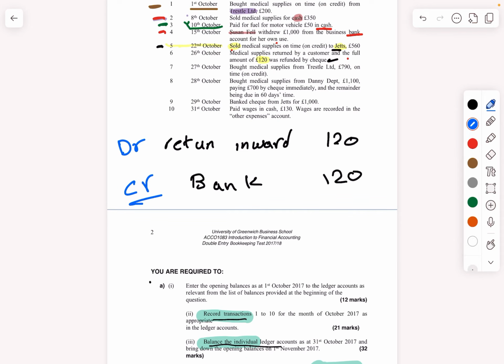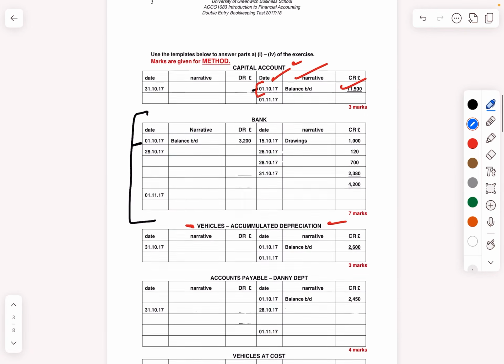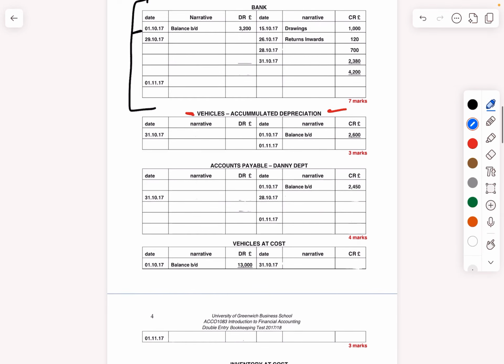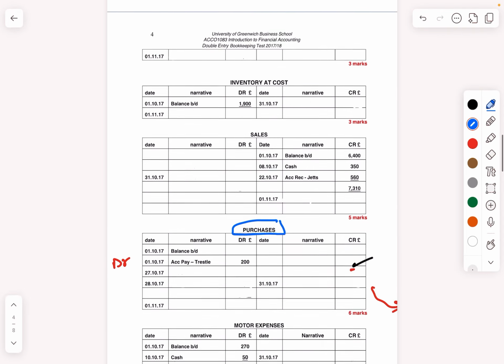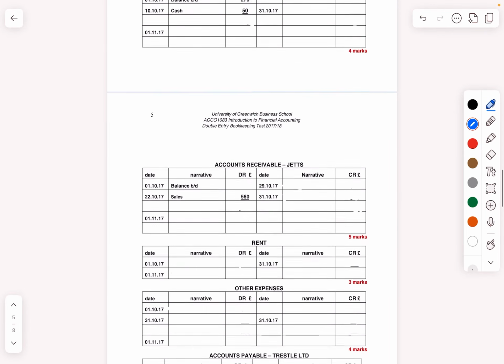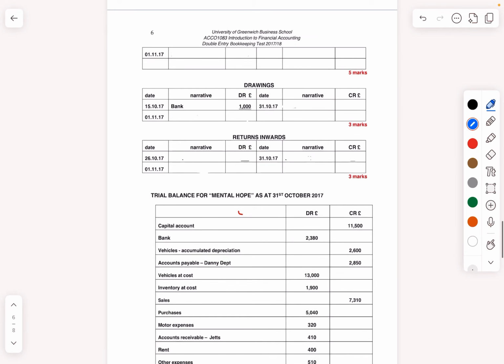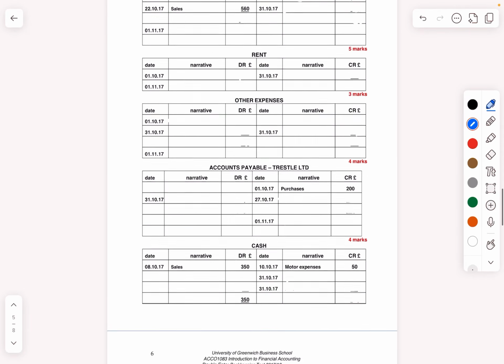So bank is credited 120. And return inwards is going to be a different account, and it will be debited. 120. Is it clear?